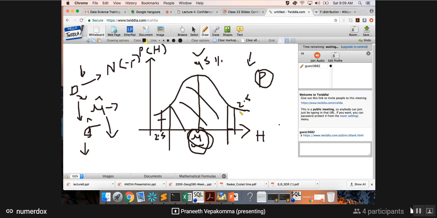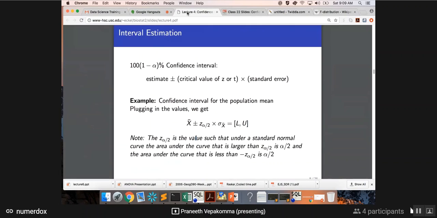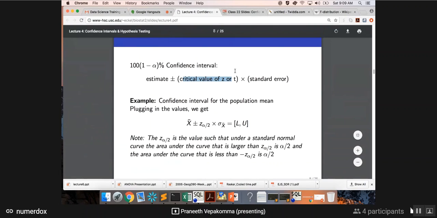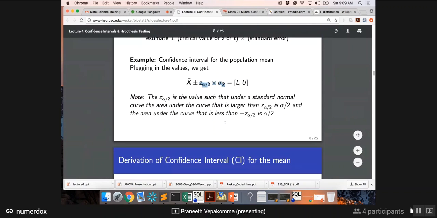But basically we are cutting off the probability away from the tail. This is known as the tail, right? The tail is where you have low probability events as far as the Gaussian normal distribution goes. So this is where you can cut off and have more probability area inside. So the critical value of z refers to that cutoff point, times the standard error.